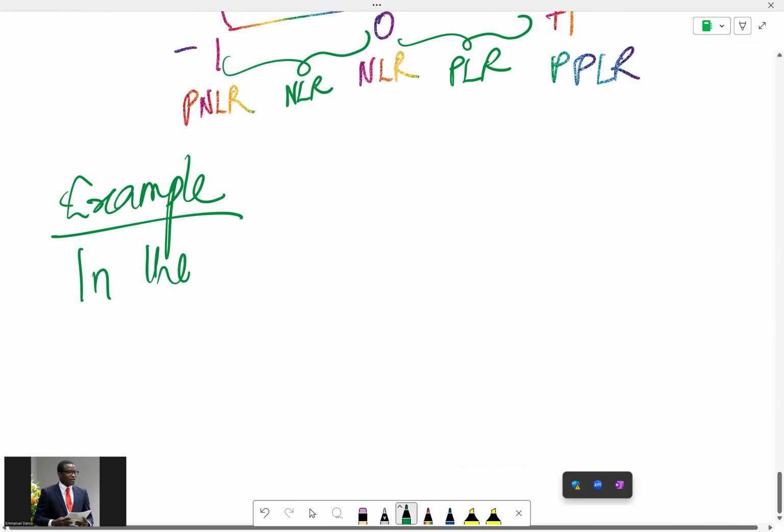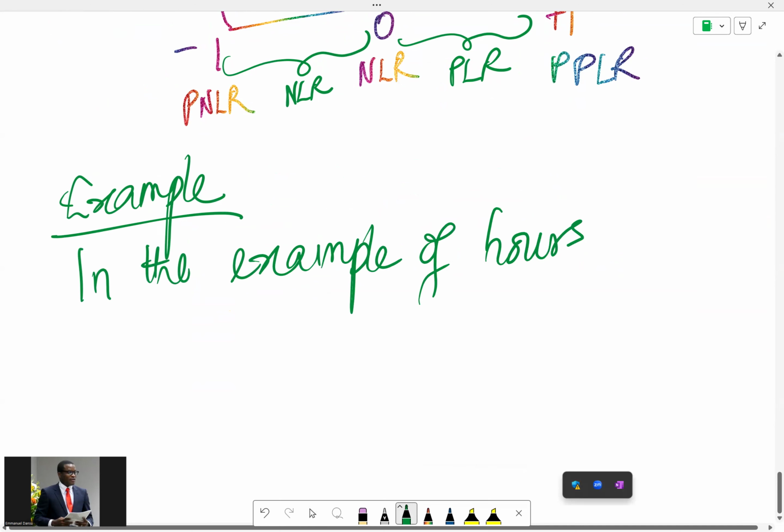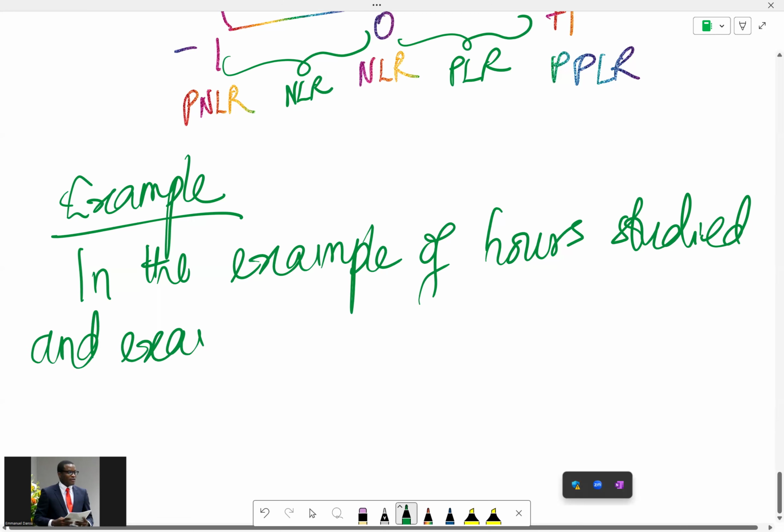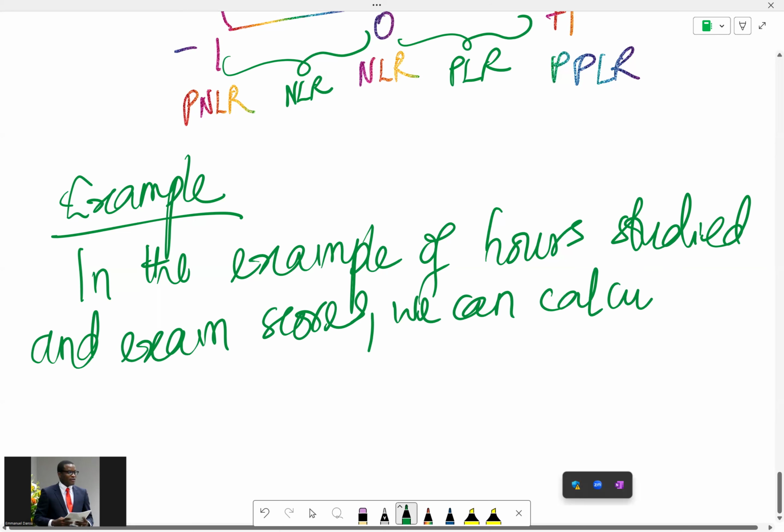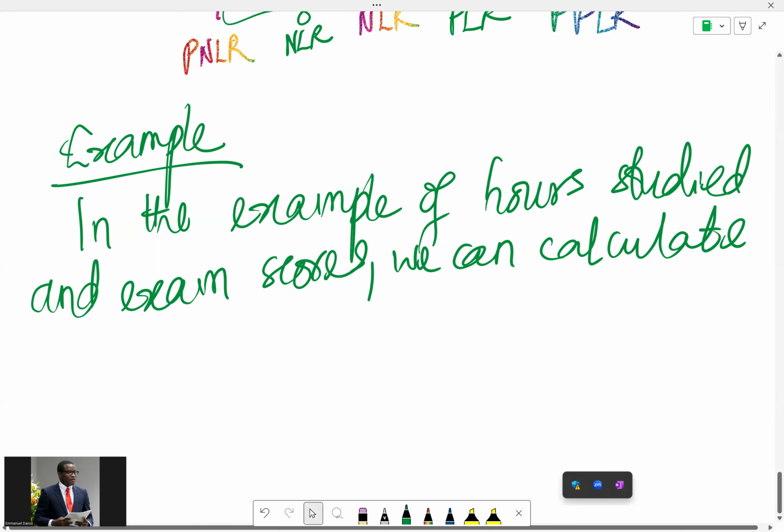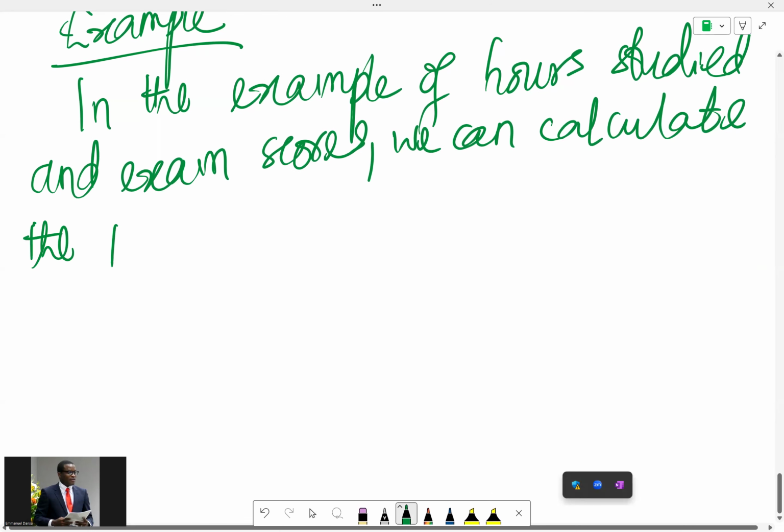In the example of hours studied and exam scores, we can calculate the Pearson correlation coefficient.